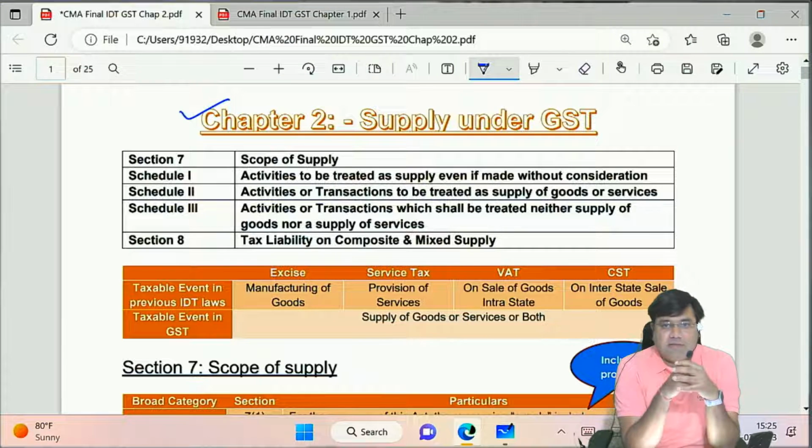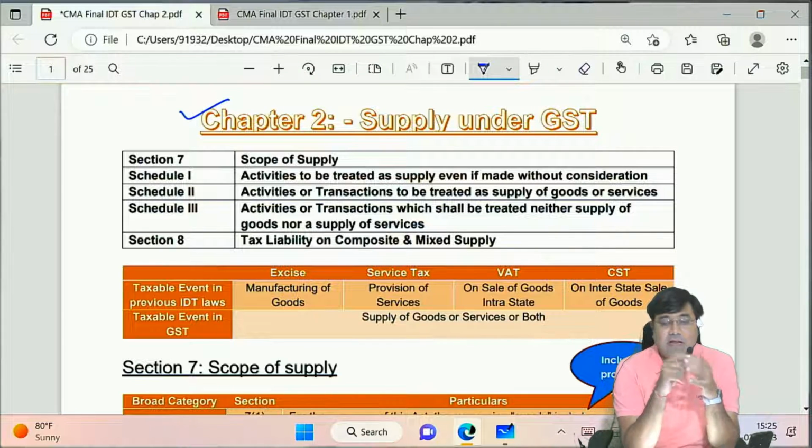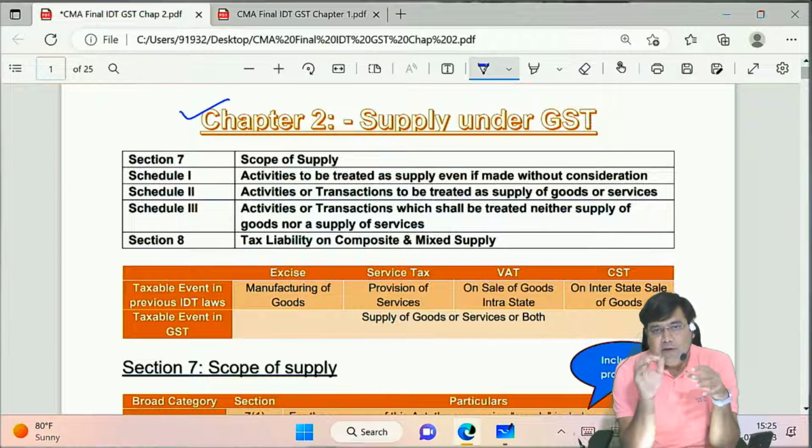In income tax, what is the taxable event? Income. If you have income, the income tax provision is going to be triggered. No income, no income tax. What is the taxable event in case of excise duty? Manufacturing of goods.